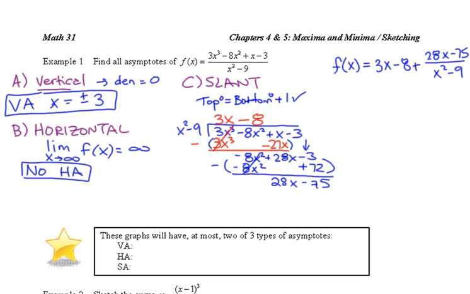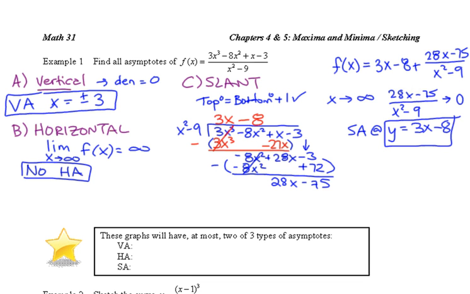So as x approaches infinity, 28x minus 75 over x squared minus 9 will approach 0, because the degree on top is less than the degree on the bottom. And so our function will approach, so we have a slant asymptote at y equals 3x minus 8.